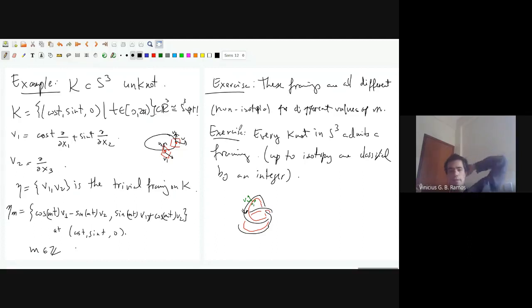Okay, so that's another way to see a framing. And basically, if you have one such knot, you can act on the framing by just kind of doing more twists of this other knot around the original knot. And that's the same as taking your framing and rotating.